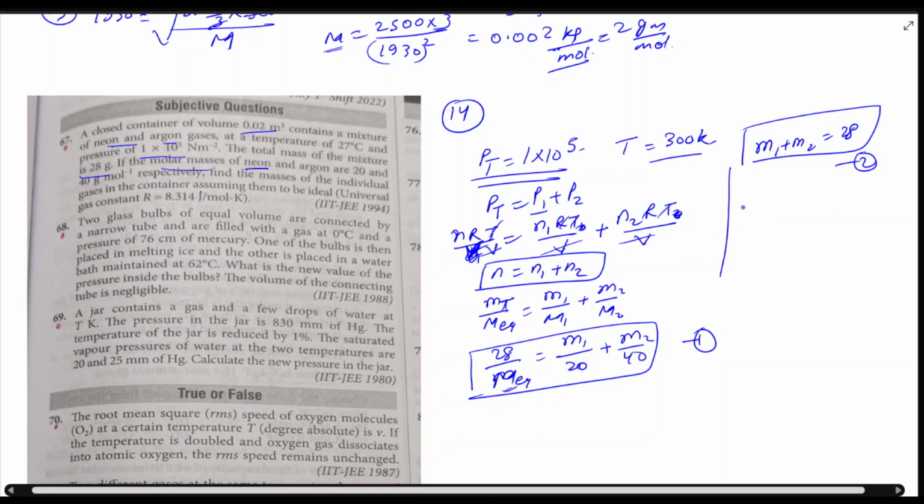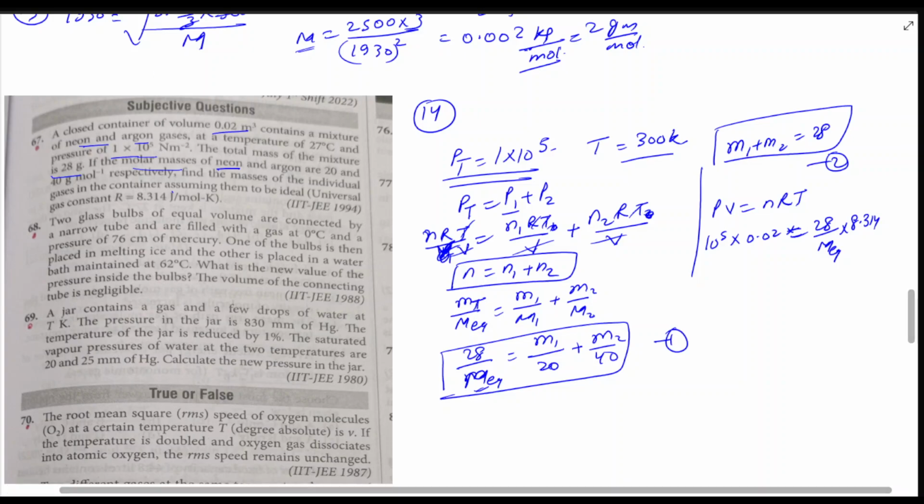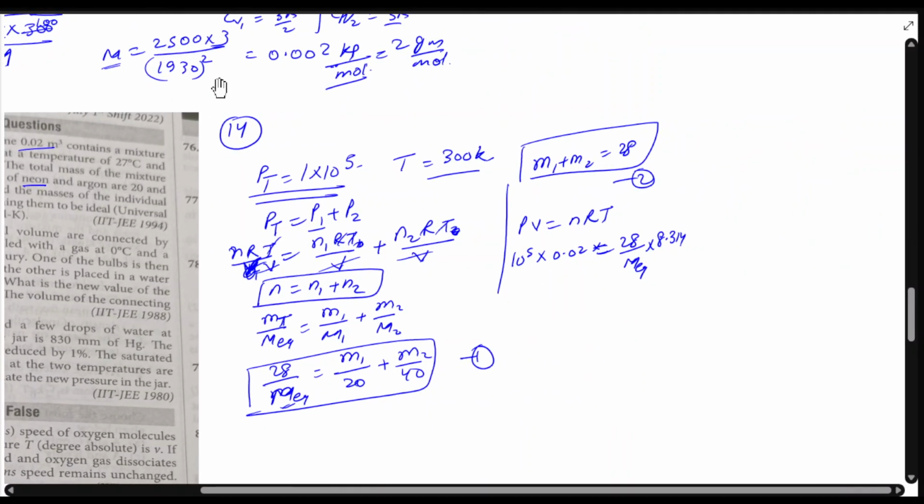So let's just use PV equal to nRT. P pressure was 10 raised to power 5, volume was 0.02, and n will be M total, 28, divided by M equivalent. R we will take as 8.314, into temperature.